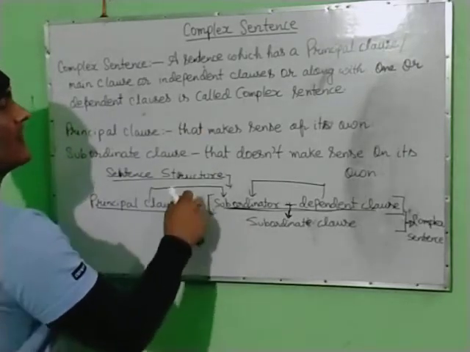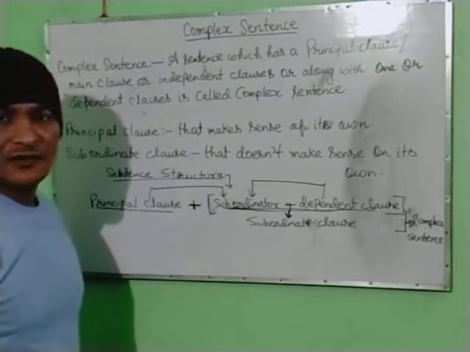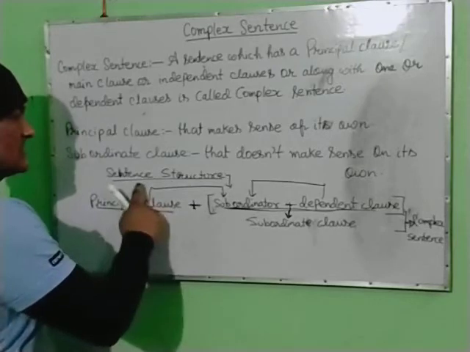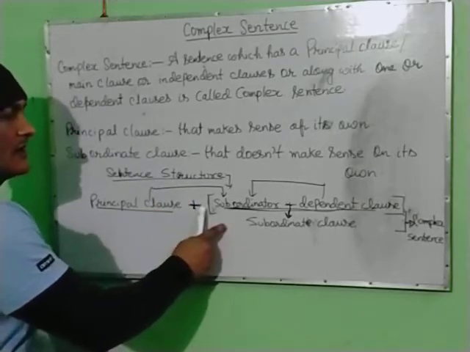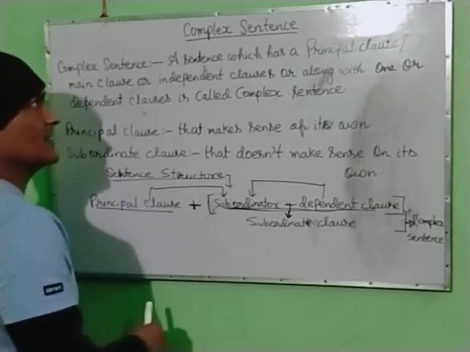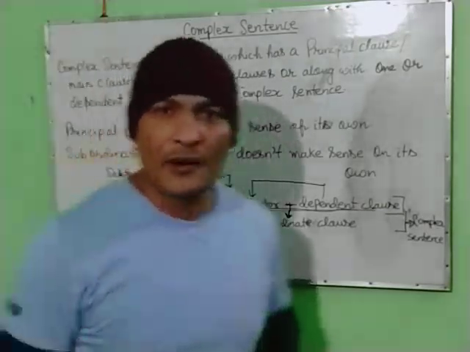Through these we can identify this is a complex sentence. So we have to follow this sentence structure, then it will be easy to identify whether the given sentence is a complex sentence or a compound sentence.